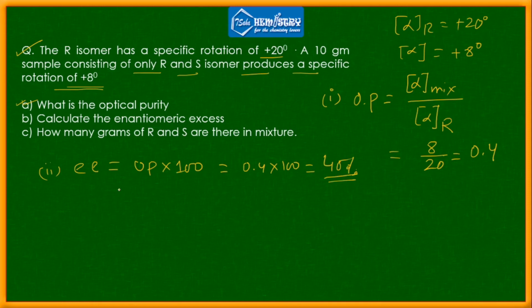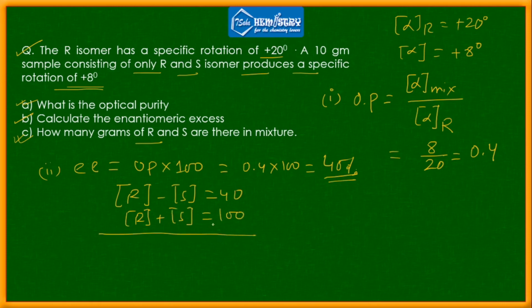Okay, now the first part is done, and the second part too. Now we have to calculate how many grams of S and R are present in the mixture. How can we do that? 40% means R minus S should be 40, and R plus S should be 100. Adding these, S cancels out, and we get 2R equals 140, so R is 70%.